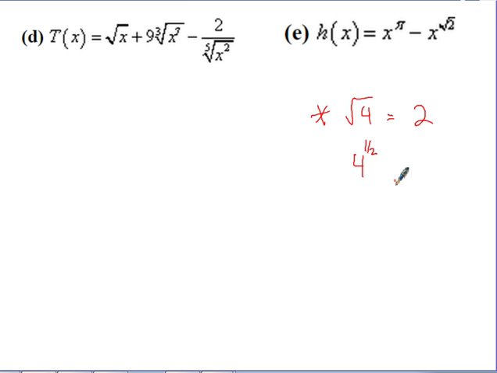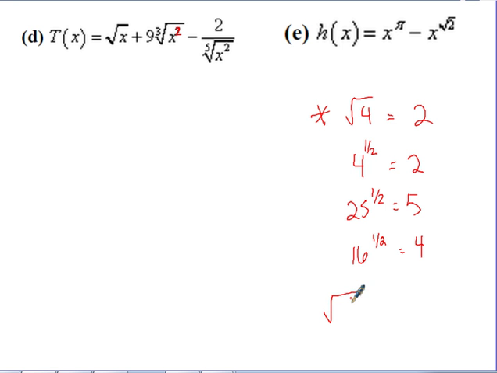Or no, x squared. This is a 2. Sorry. Okay, so what's 4 to the 1/2? 2. Do me a favor, what's 25 to the 1/2? If you put it in your calculator, you're going to get 5. What's 16 to the 1/2? 4. So, do you guys catch anything? It's the same.